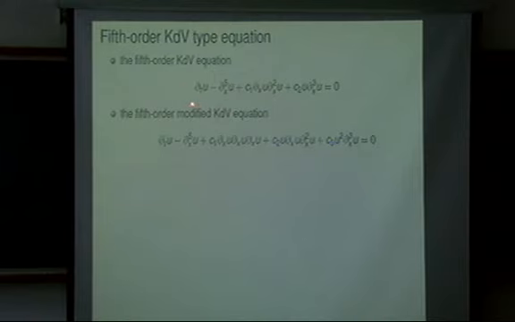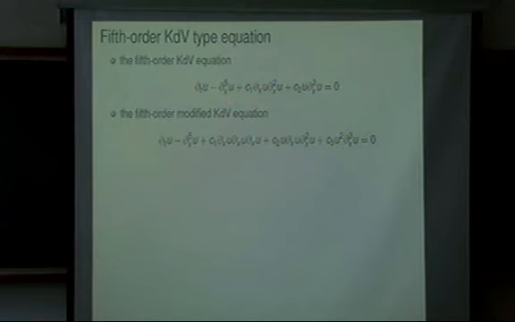This is a generalized fifth-order KdV equation with coefficients. In the same way, from the modified KdV hierarchy, we can consider the cubic fifth-order KdV equation. But in today's talk, I'm going to discuss only the fifth-order KdV equations.